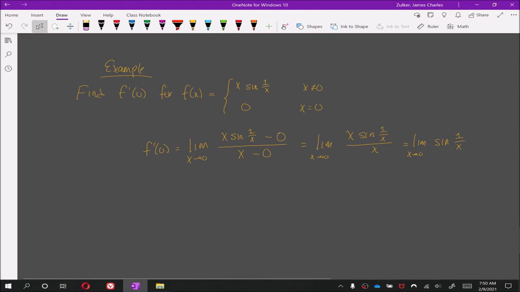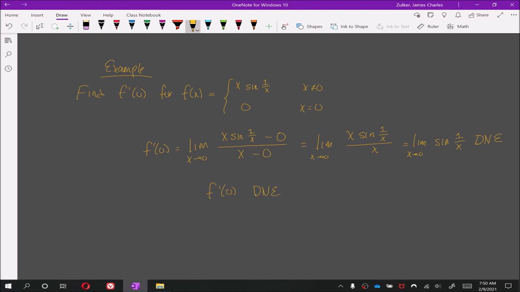Well, sine is just going to keep oscillating back and forth between plus and minus 1. This limit does not exist. So f prime of 0 does not exist.